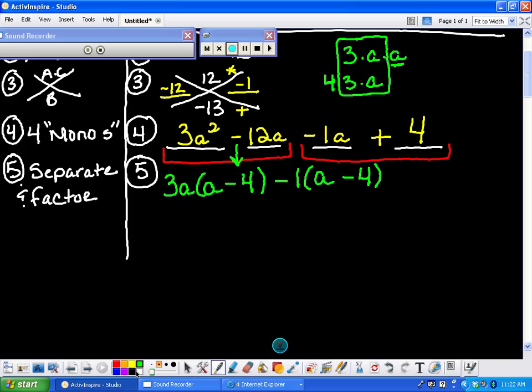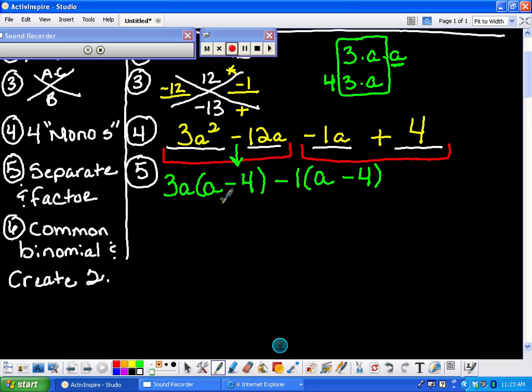Okay, we're almost done. For number 6, all you have to do is find the common binomial and create 2 binomials.